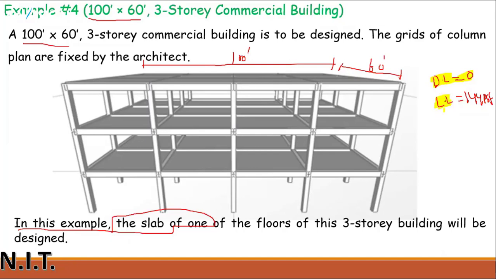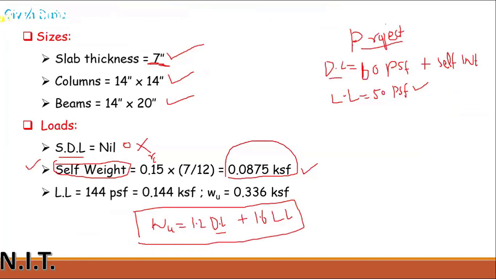And live load is given in the question. The given data is that slab thickness is 7 inches, column size is 14 by 14, beam size is 14 by 20, and superimposed dead load is 0. Self weight of the slab is the dead load, so this will be considered as dead load, and live load is 144 PSF, so it will be 0.144 KSF.